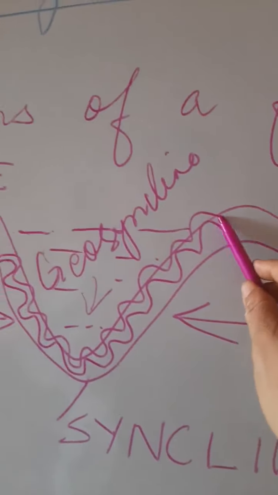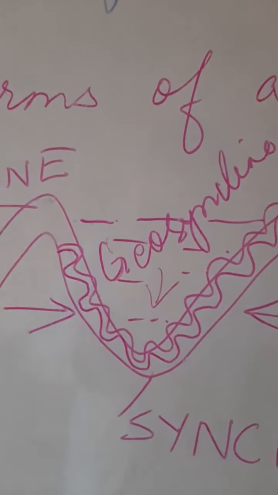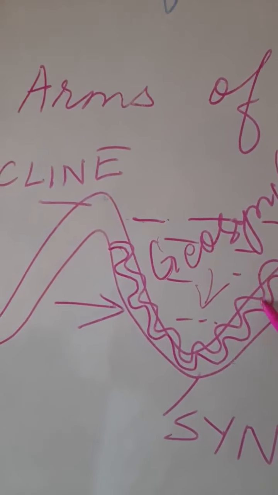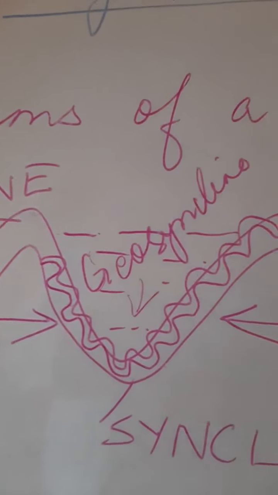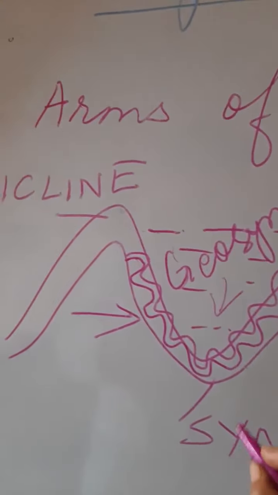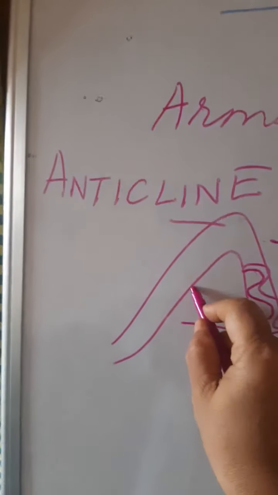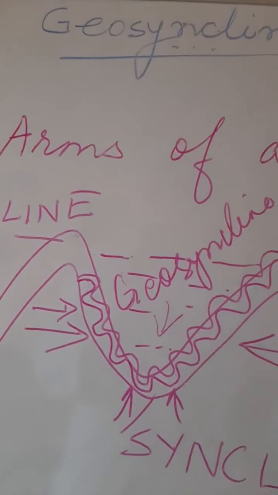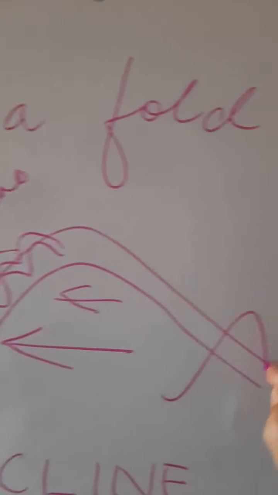The sediments get folded due to the pressure from both the sides, and so this portion which has become numerous small folds rises up when it is compressed to a great extent, and they rise up to form the fold mountains.